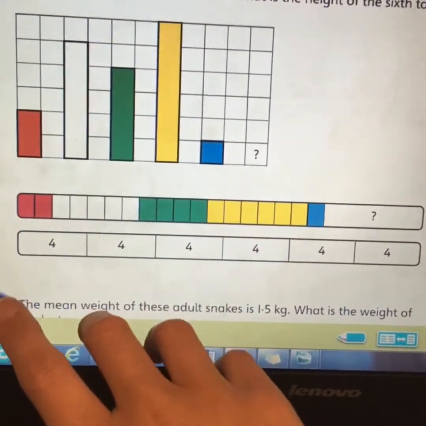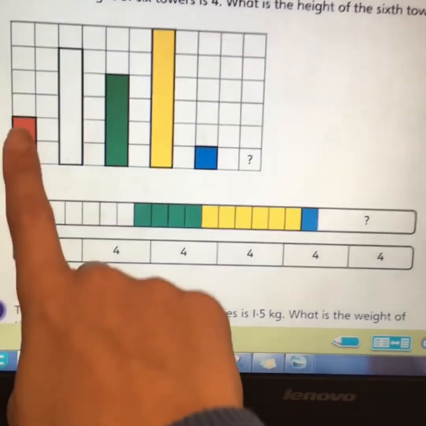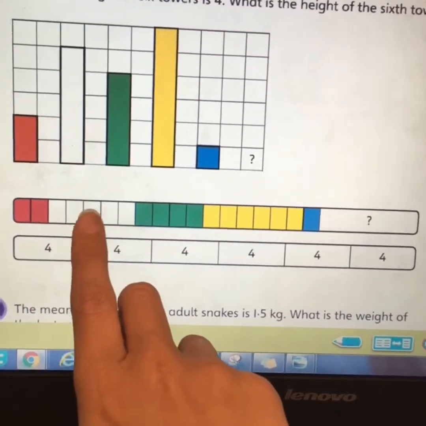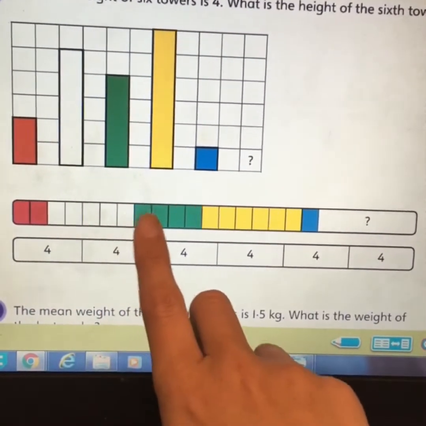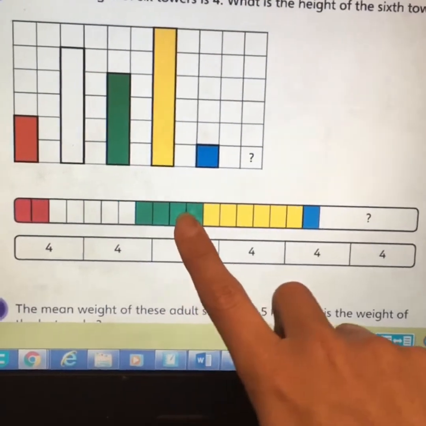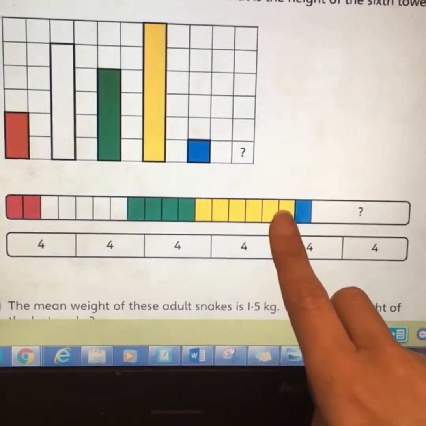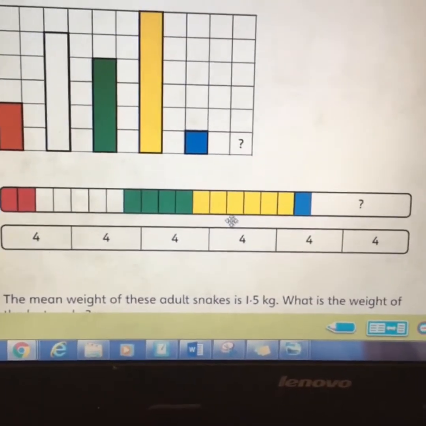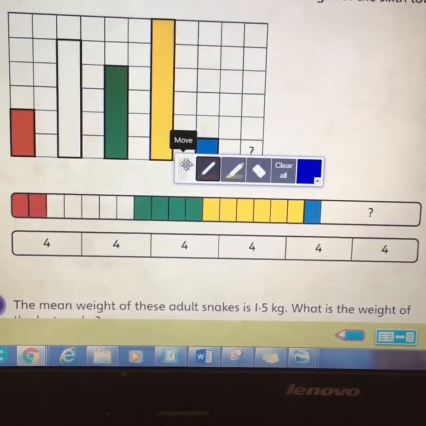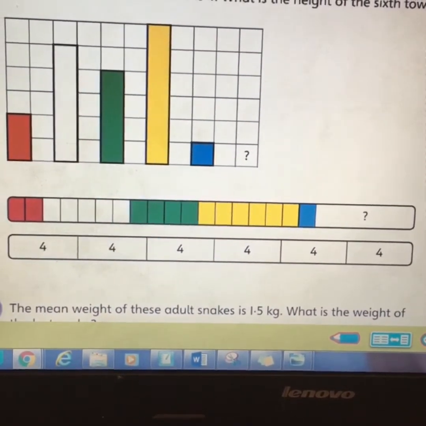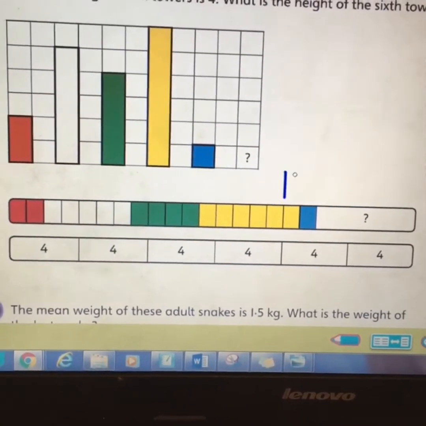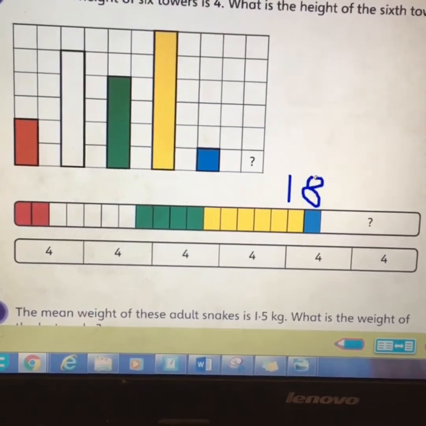Well, at the minute, what's the total? So we've got 2 red, 3, 4, 5, 6, 7 if we add the white, 8, 9, 10, 11 when we add the green, 12, 13, 14, 15, 16, 17, 18. So far with the blocks that we've got, we've got 18 blocks or 18 cubes.